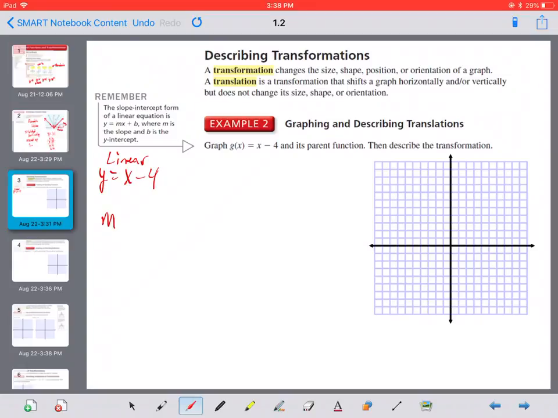And the best way to graph a linear is slope-intercept form, so our slope is 1, which I'm going to put over 1 since it's a whole number. And our y-intercept is at -4. So if I start at -4, and I go up 1 over 1, up 1 over 1, up 1 over 1, up 1 over 1. I can even go down and back, keep that same slope.